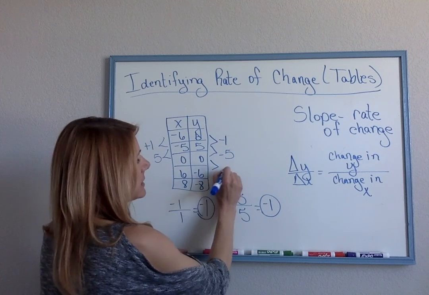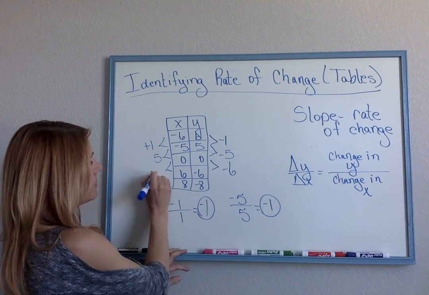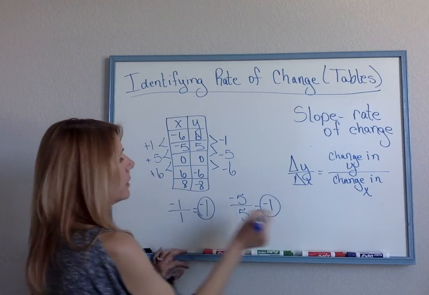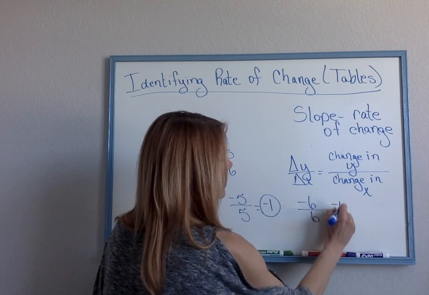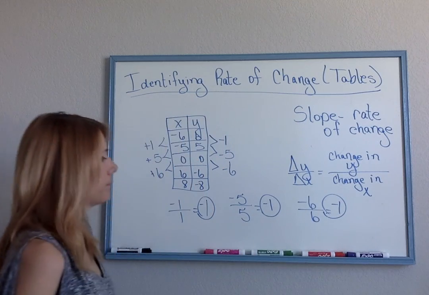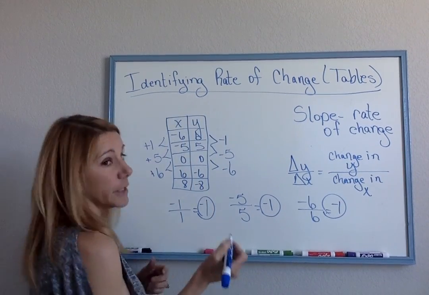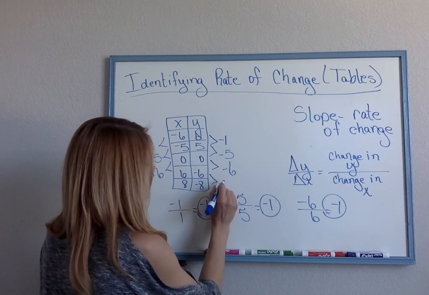0 to -6 is -6. 0 to 6 is +6. Forgot to put my plus sign there, so I went back. -6 over +6 is also -1. Okay? And the last one, it should be -1. So I get -2 to -8.